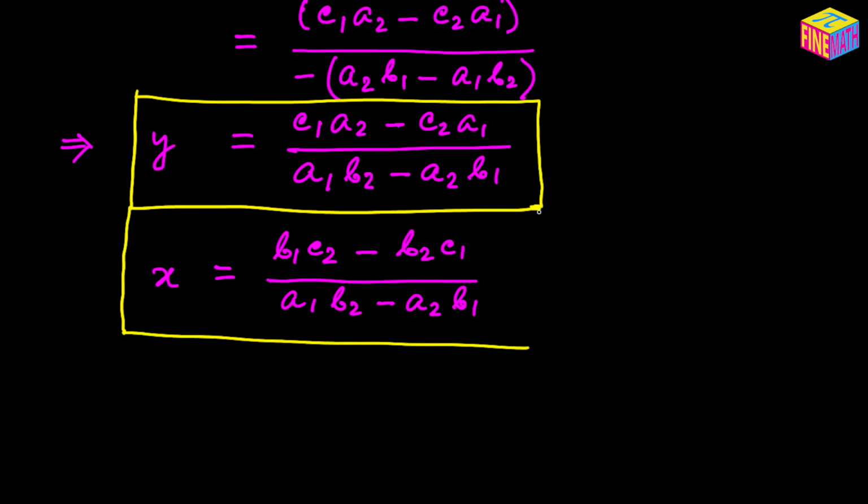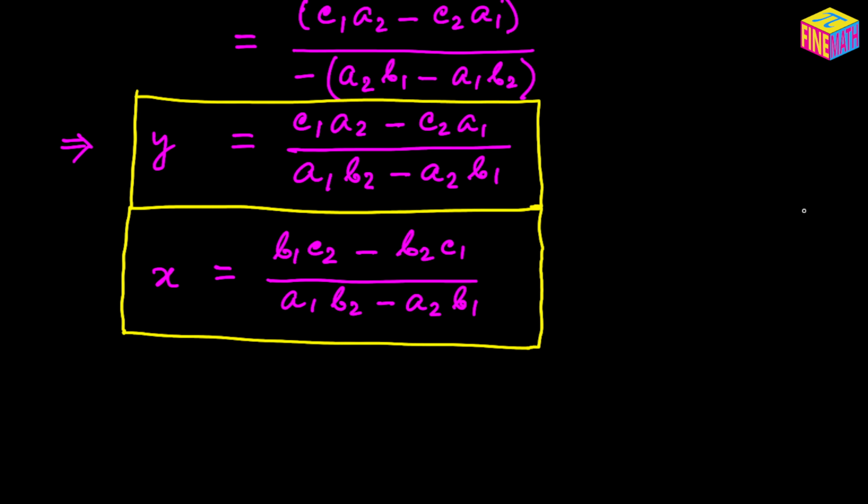You will see that their denominator looks identical for both x and y. The denominator is a sub 1 b sub 2 minus a sub 2 b sub 1. Only difference is in the numerator. For x we have b sub 1 c sub 2 minus b sub 2 c sub 1. For y we have c sub 1 a sub 2 minus c sub 2 times a sub 1, right?